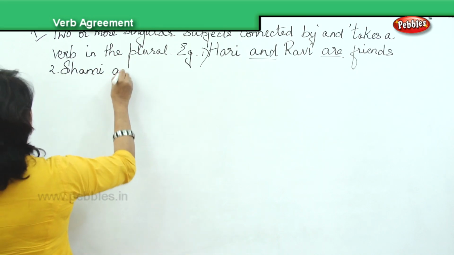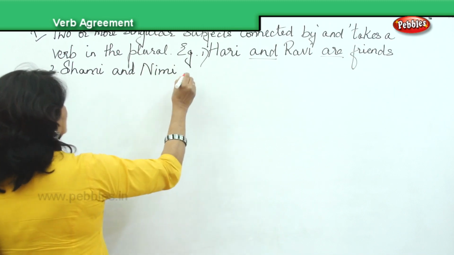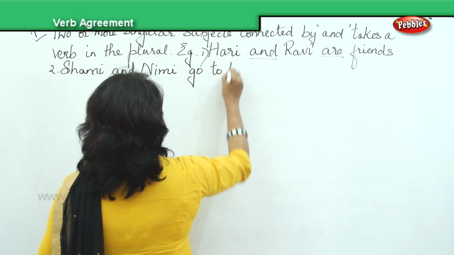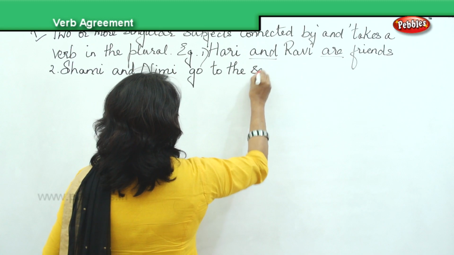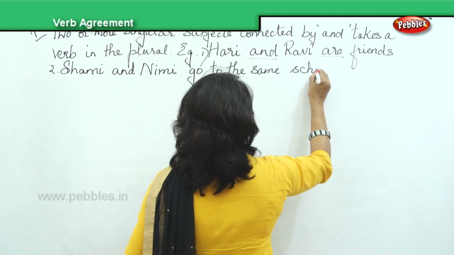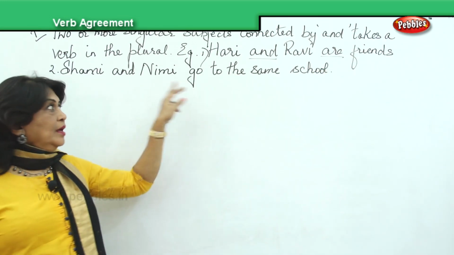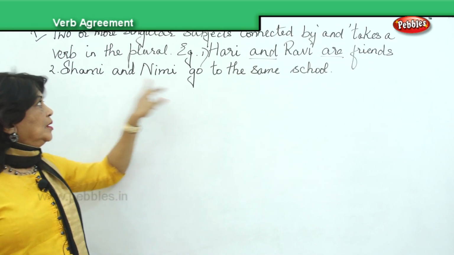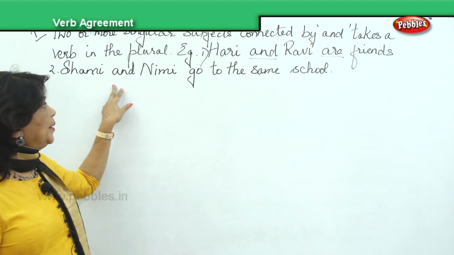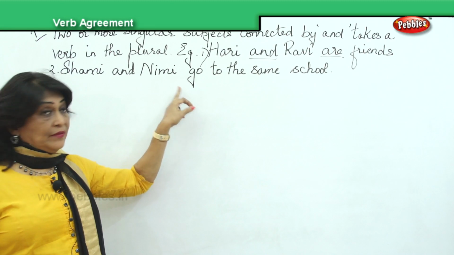Shammi and Nimmi go to the same school. Now, because Shammi and Nimmi are the two subjects connected by and, we use the verb in the plural. This is the verb in the plural.